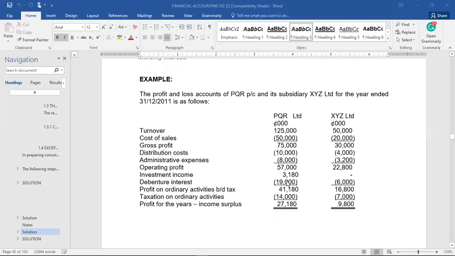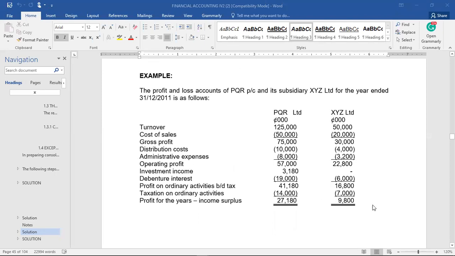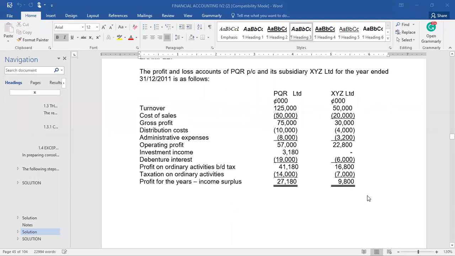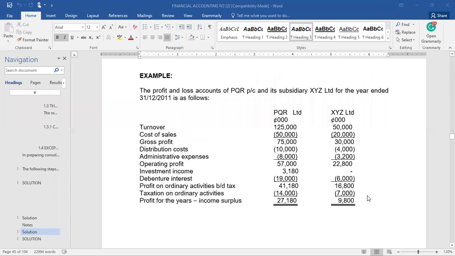So I hope you all have your calculators, your handout, and your jotters in front of you, so that you can do it along. This is the question we are going to look at today. I don't know which page it is in your handout.